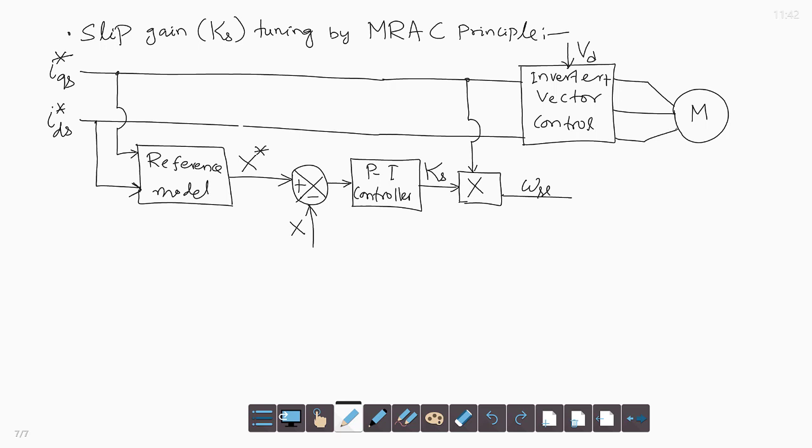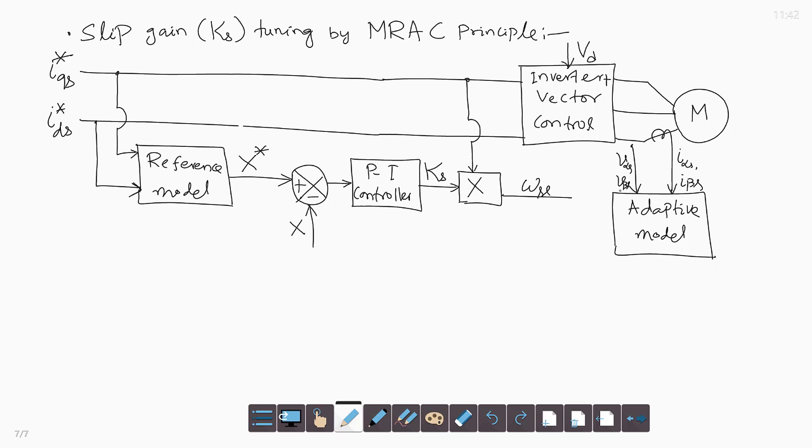Okay. So, we have an adaptive model also, which takes the actual currents and voltages as input. So, it takes the currents I alpha s, I beta s, and the voltages V alpha s and V beta s as the inputs.